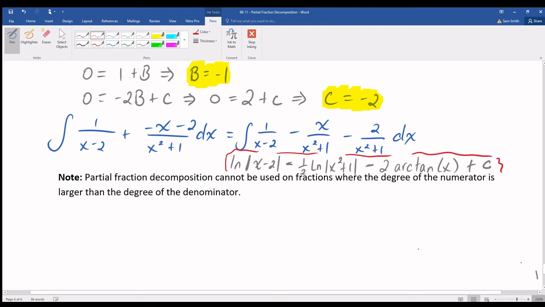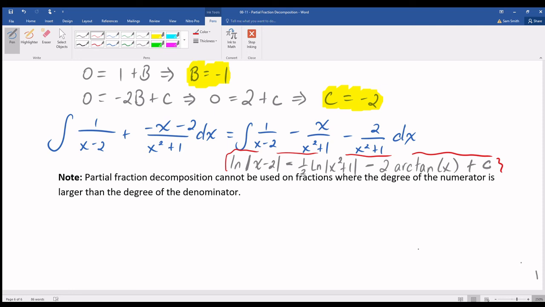Breaking down a complicated rational expression into a sum or difference of much simpler rational expressions whose antiderivatives we already know how to find. Now, just a word of warning.